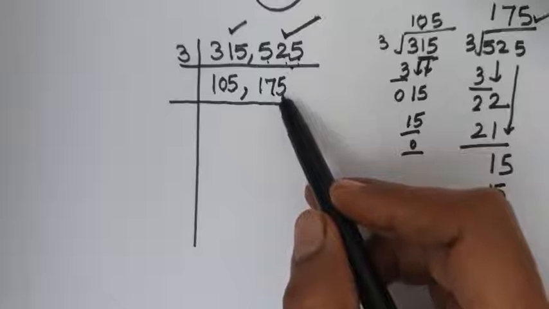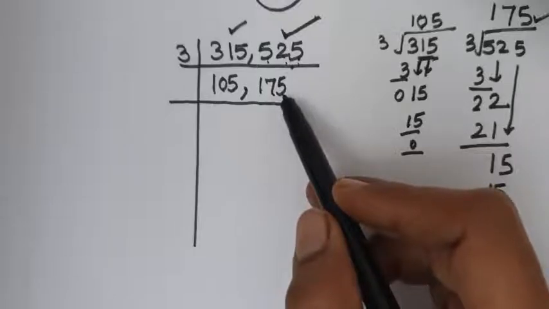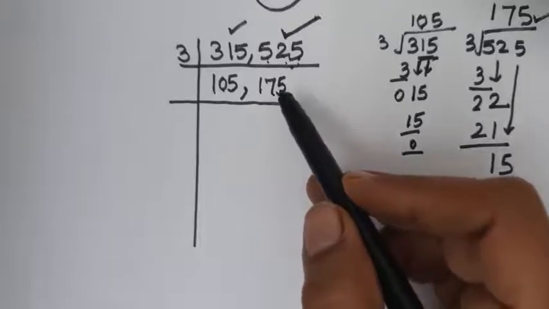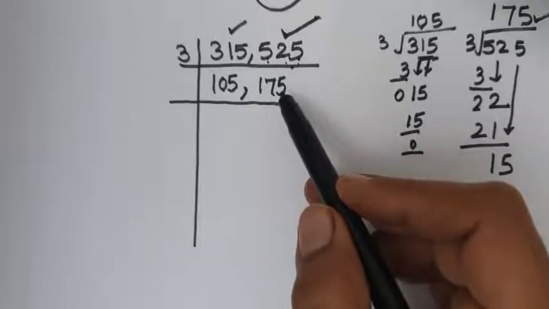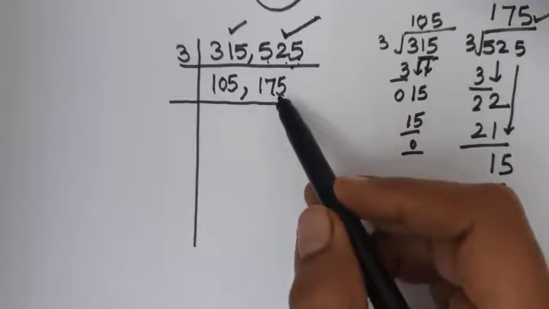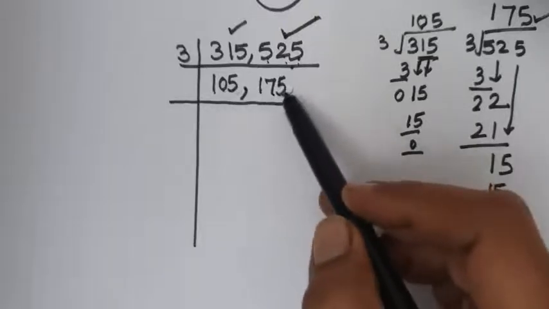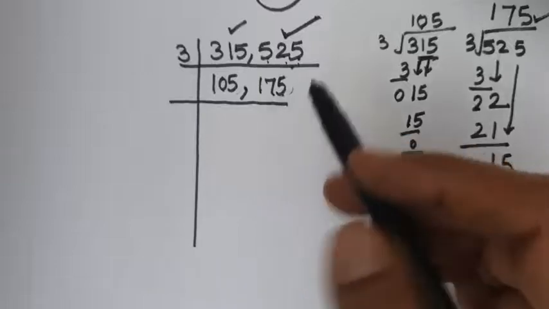This is not divisible by 3. So, let us move to 4. In the table of 4 do they come? No. In the table of 5? Yes, because the last digits are 5.